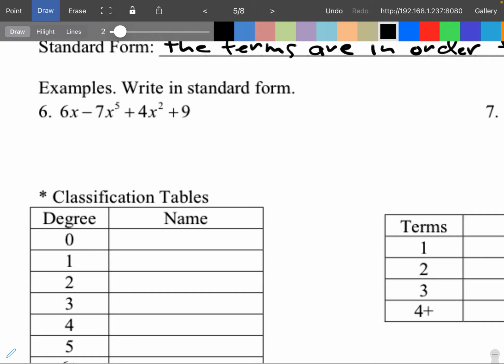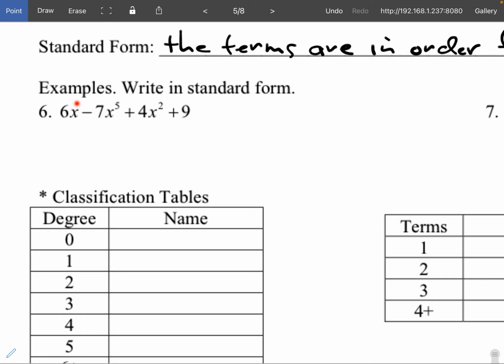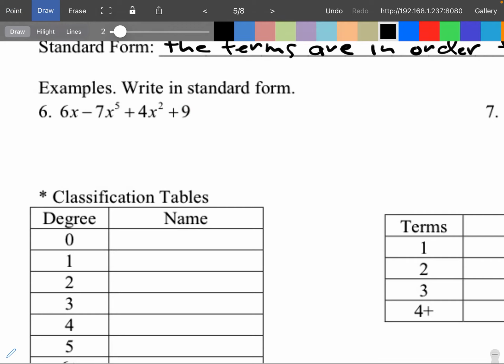So we've got to write number 6 in standard form. What is the highest degree term? You've got 4 terms here, right? Which monomial there has the highest degree? Name the whole term for me. Negative 7x to the 5th, right? So that one would go first because we're going from highest degree term to lowest degree term. So we write negative 7x to the 5th. What's the next highest power term? 4x squared.